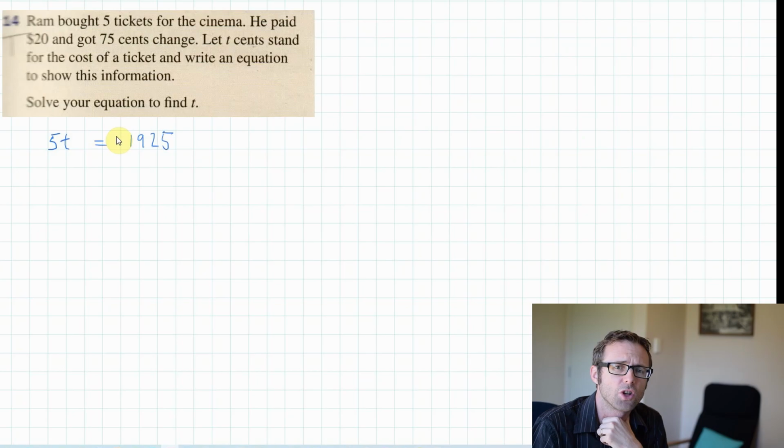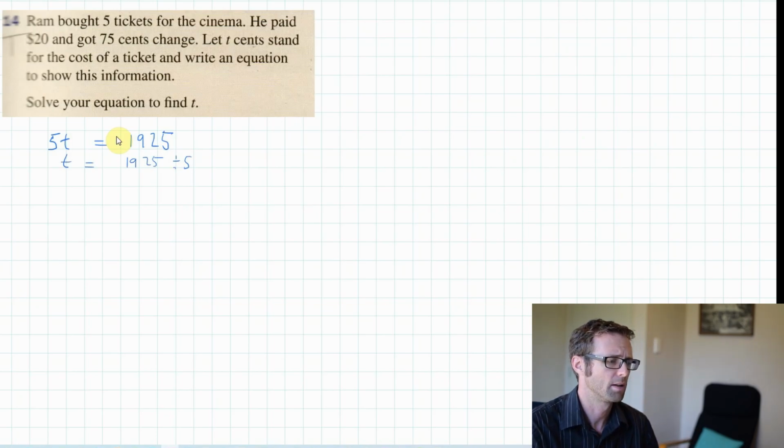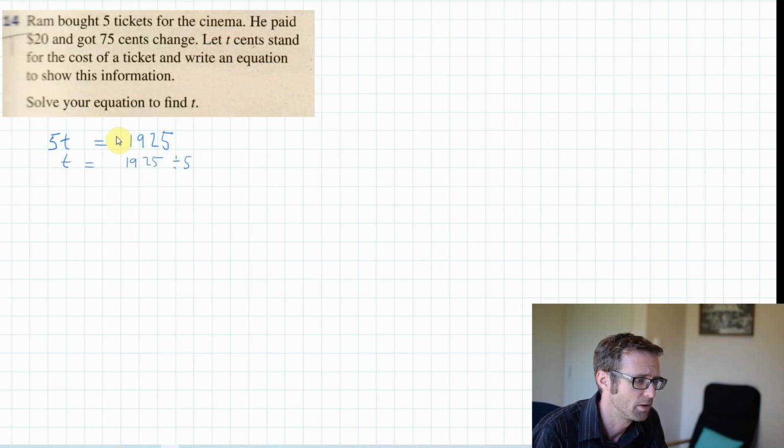Now this seems to show the information that we need, so t is equal to 1925 divided by 5, and of course you can just put this on your calculator, and I will do that right now. 1925 divided by 5 is giving me 385. So the ticket price is 385 cents.